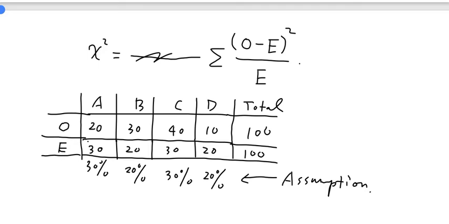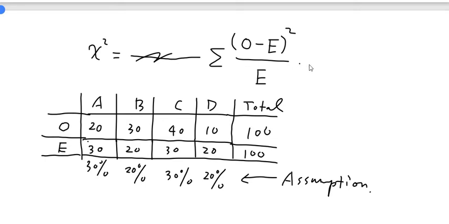So to check whether our assumption is true or not, we just need to check whether the observed value and expected value are close or not, right? So there's a formula: observed value 20 minus 30 squared divided by 30, and here 30 minus 20 squared divided by 20.